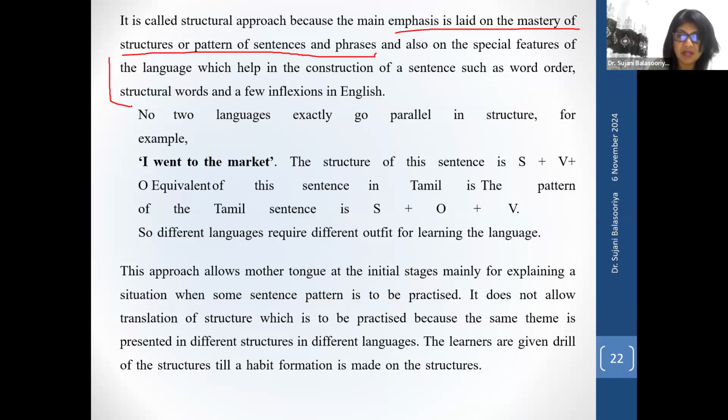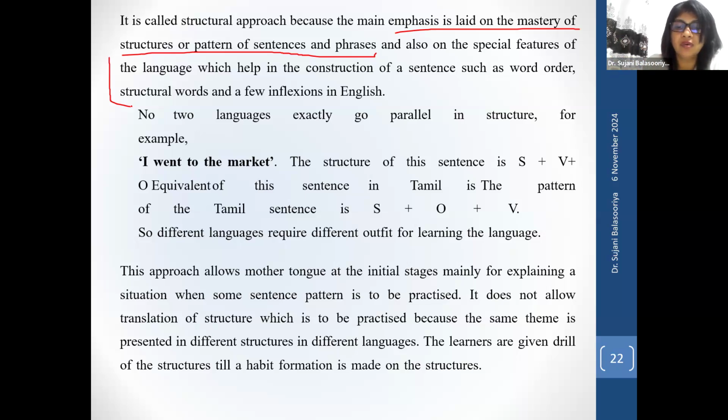Theme is the same. Theme is the meaning. What I want to tell you is the same, irrespective of the language, right? Same thing. But how that meaning is expressed is totally different. Talking about the structure, because structure of the Sinhala language is totally different from the structure of the English language. And similarly, structure of the Tamil language is totally different from the structure of the English language.